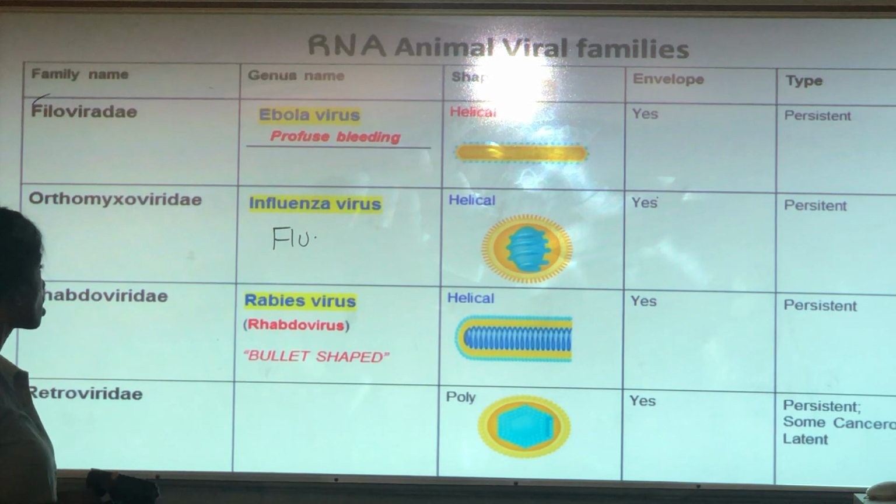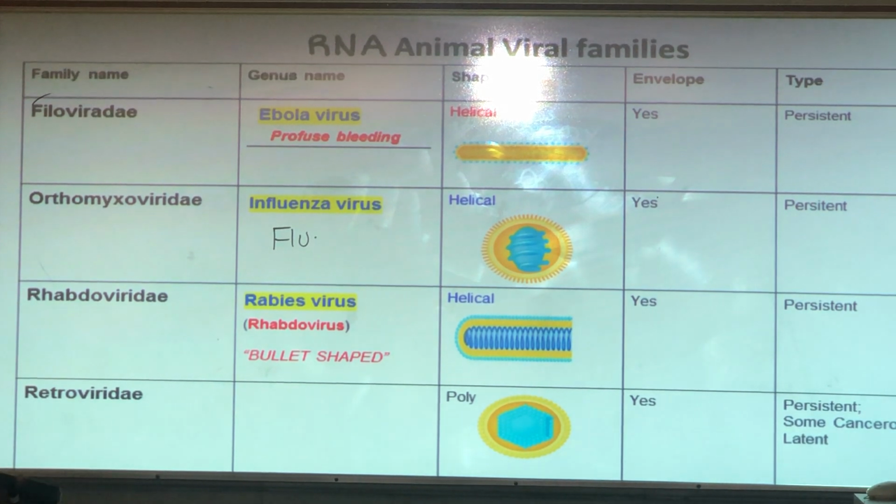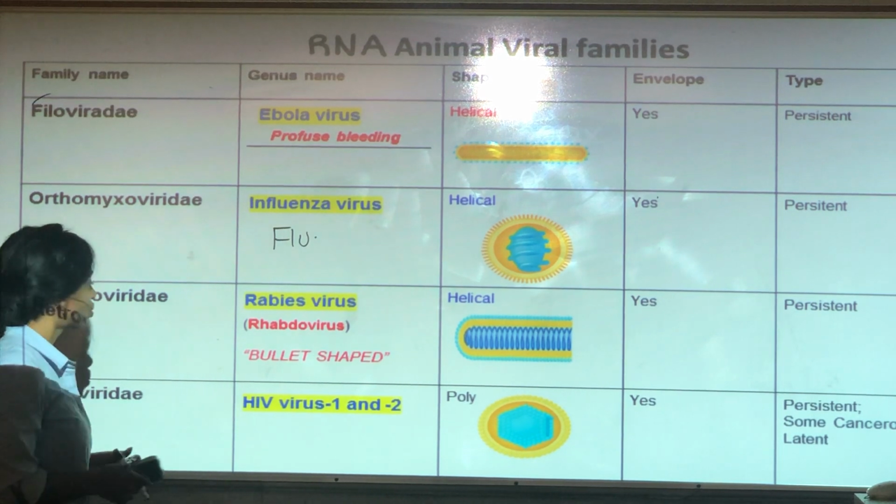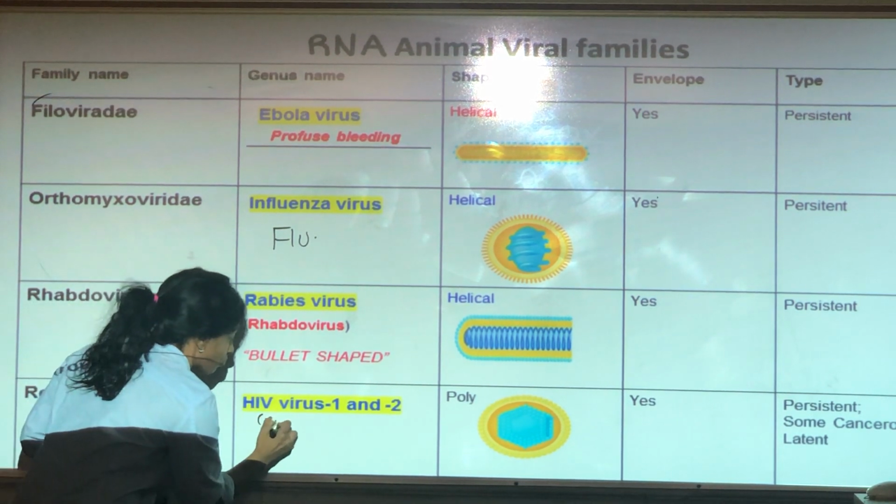All right. So this is an envelope helical virus, and our last envelope virus on this slide, in the Retroviridae family, we have HIV virus 1 and 2. Right, so this is more or less the subspecies name.